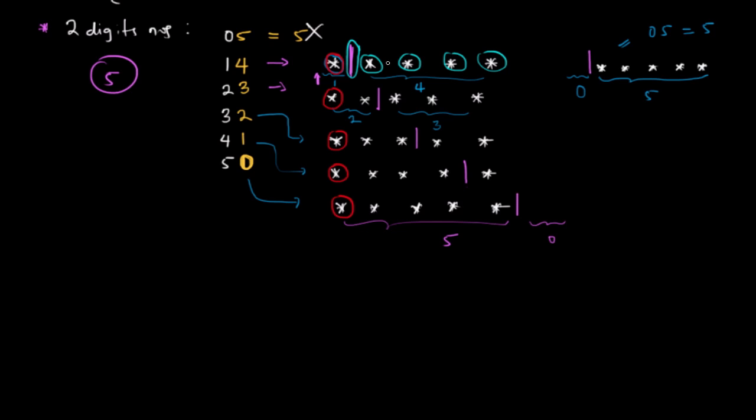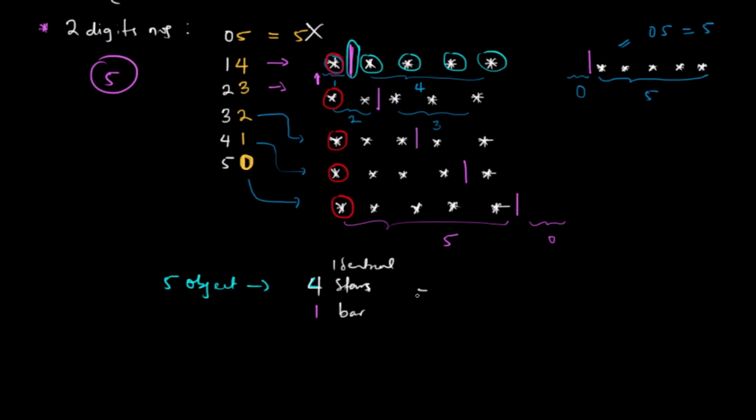Assuming a question told you to find the number of ways of arranging 5 objects, let's say your 5 objects contain 4 identical stars, because the stars are identical, and it also contains 1 bar. Now, how many possible ways can you arrange this?